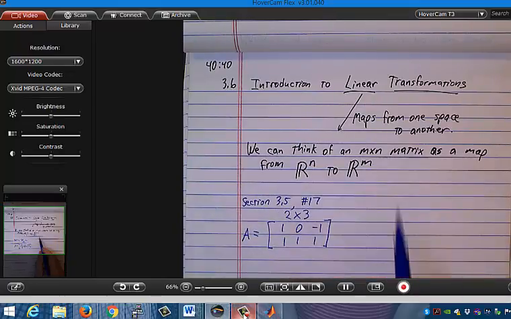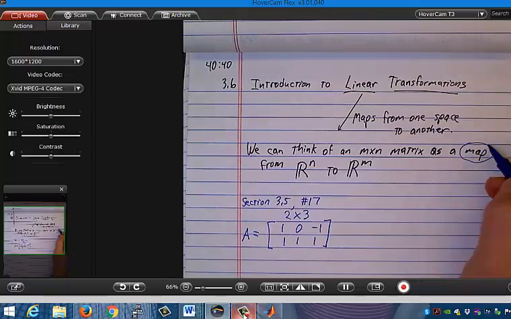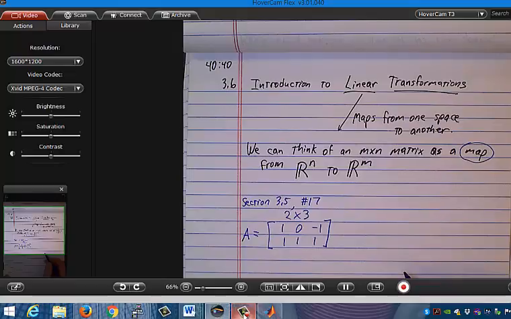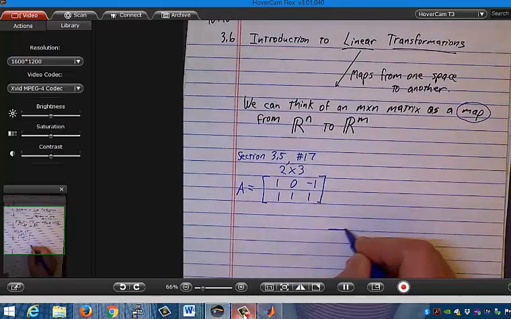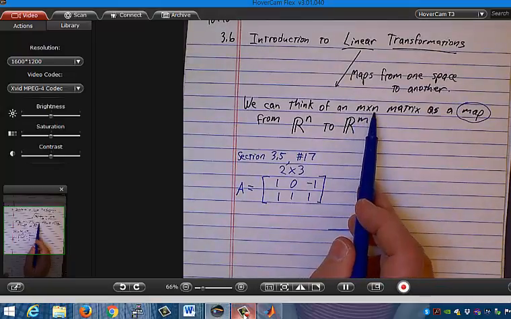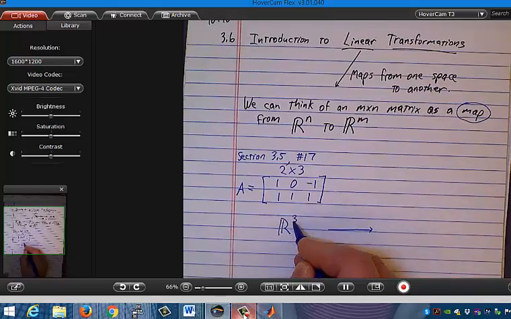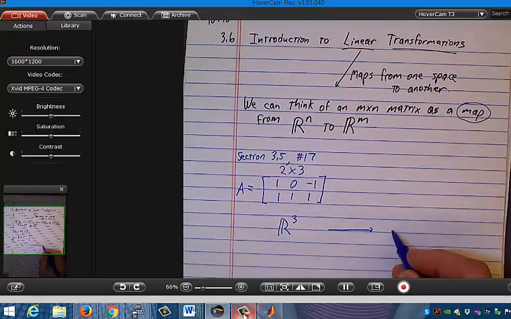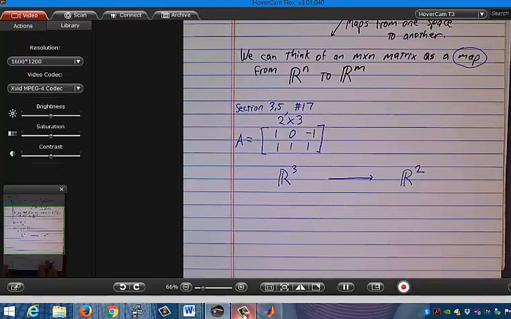And so according to what I just said, it is a map from where to where? Well, it's interesting because it's M by N. Right, it goes from the world of R3 to the world of R2. So let's draw a picture of it.